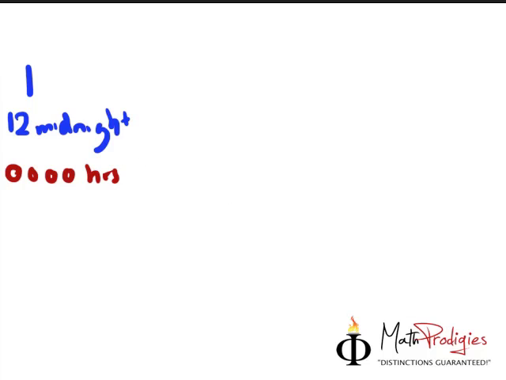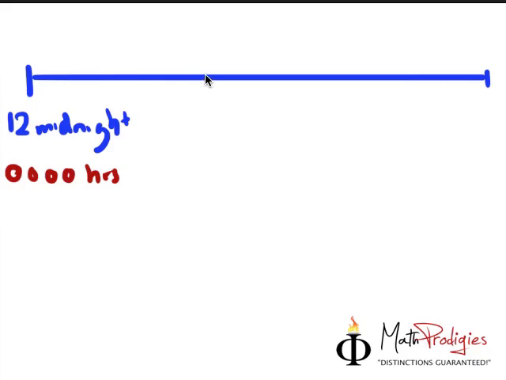Then as you get to 12 p.m. in the afternoon, in other words, 12 noon, this is called 1200 hours. Just an example, what is 5 o'clock in the afternoon? 5 p.m. is known as 1700 hours.